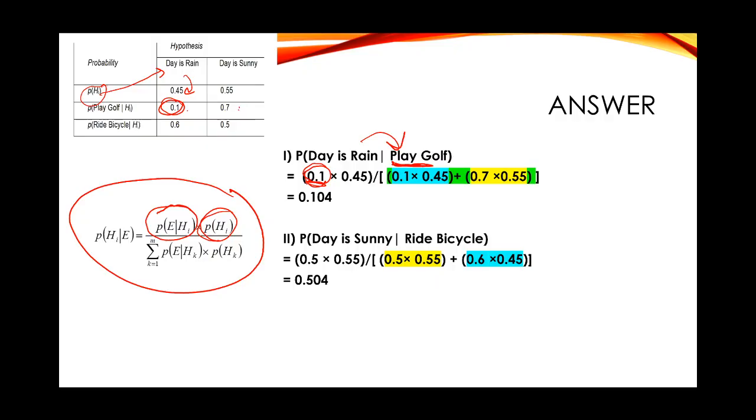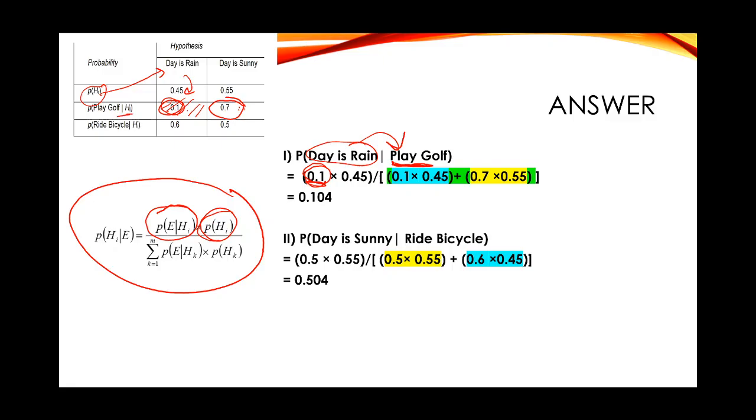This is because we are now taking into consideration the evidence of play golf, when the day is rain. So that is why we have to take a look at this column and row here, not this one. This one is when the day is sunny when play golf.